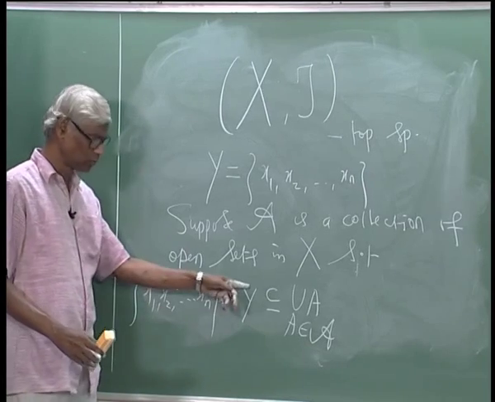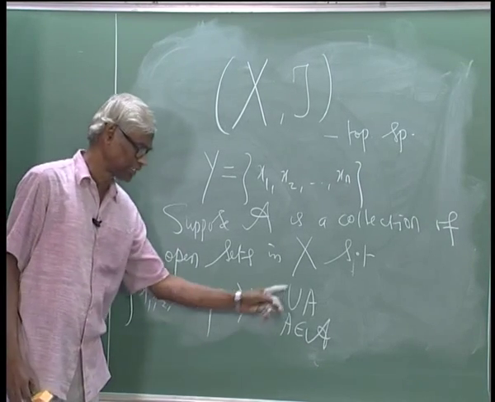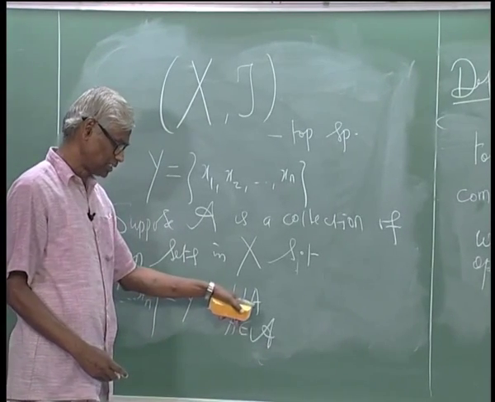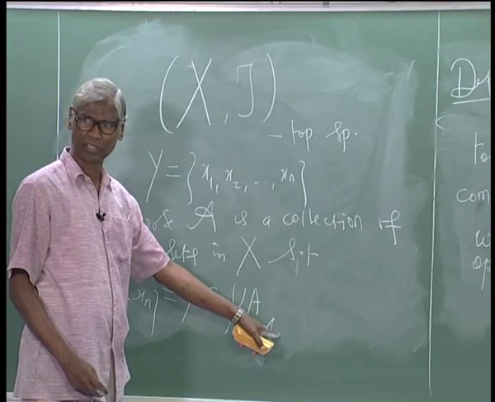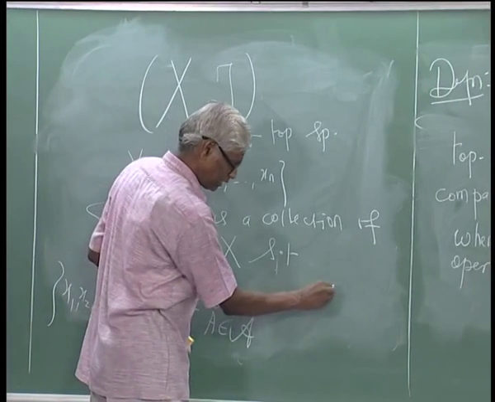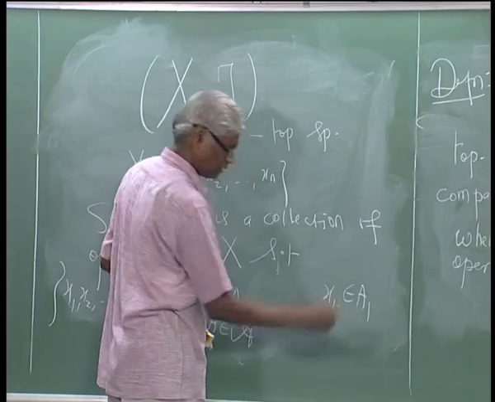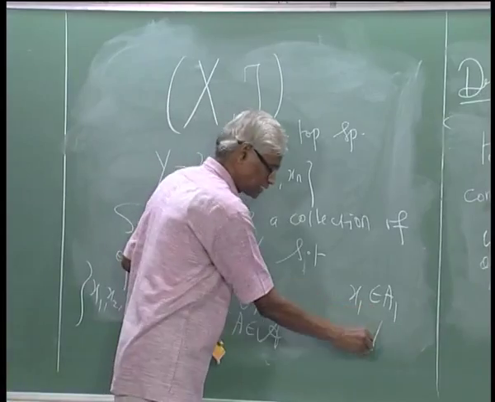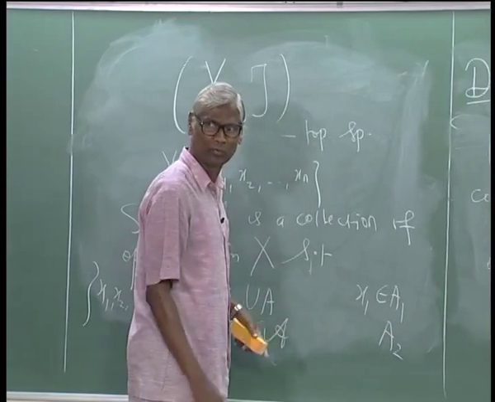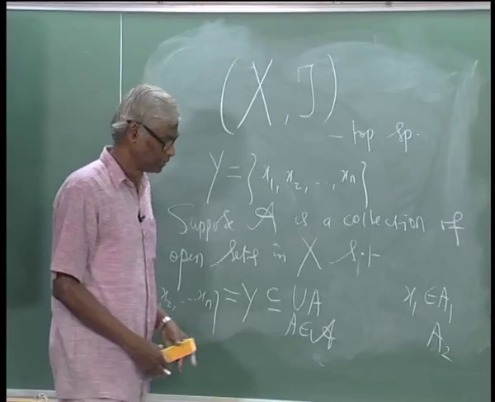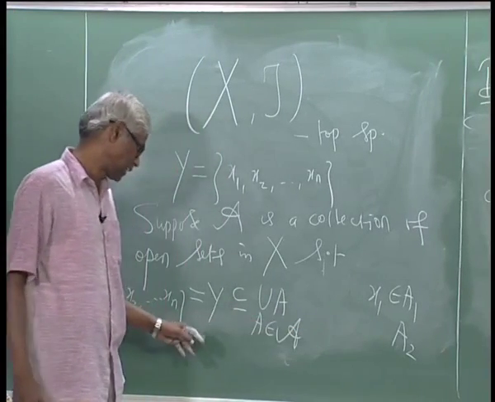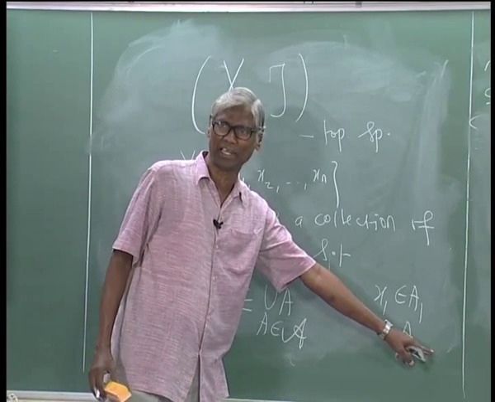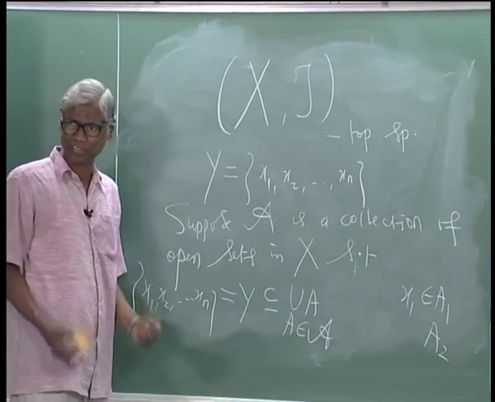So now x1 is in Y will imply x1 is in the union. Hence there will exist at least one A1 from script A containing x1. Similarly, x2 belongs to Y, so there will exist at least one A2 such that A2 contains x2. There may be more than one such set, say another A3 contains x2, then you just fix any one set.